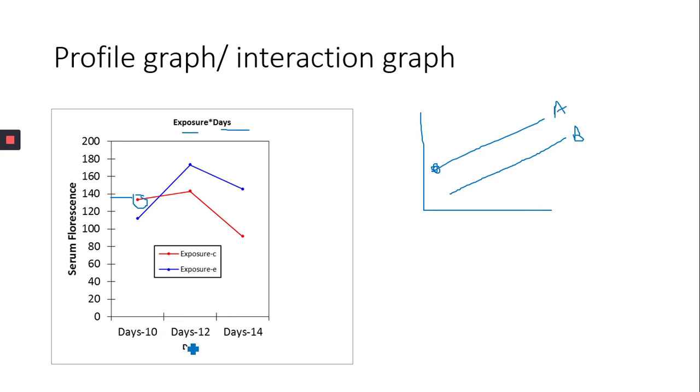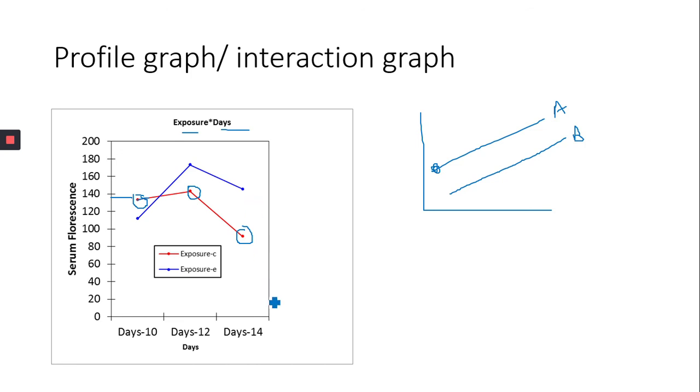But when we change to day 12, you can see there is a slight increase. But when day goes to 14, it drops to this level. So it simply means that the exposure is responding to what is the day in question. Now this is the same. You see the lines are crossing each other because of the interaction effect.